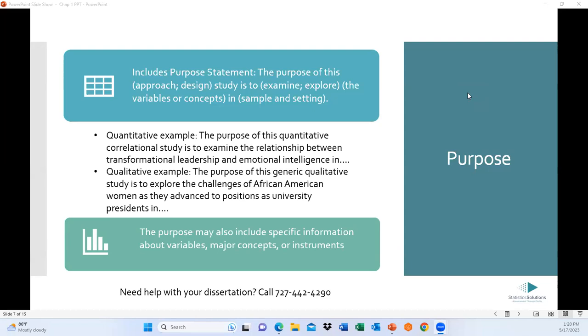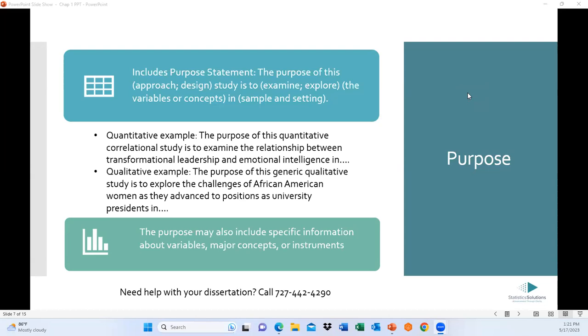It doesn't change. Okay. Don't think, I've got to restate this because it sounds too repetitious, right? No, you don't want to change it. Stays the same. Same with your research questions. But that's the only time you're going to be copying and pasting material.